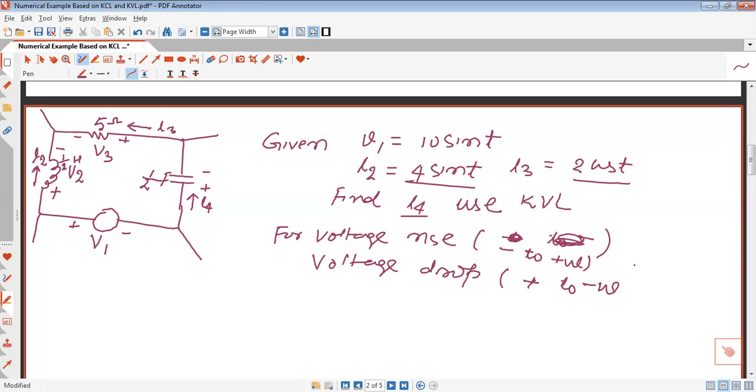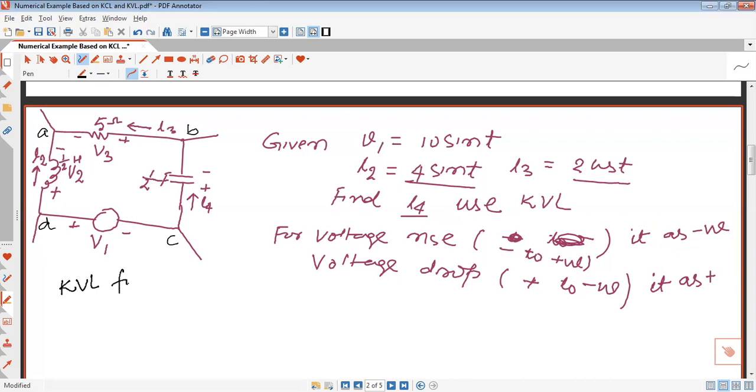It is customary to take voltage rise as negative, and voltage drop is taken as positive. If we take it like this, then our solution becomes quite easy. Now we have to apply the Kirchhoff voltage rule for this closed path.